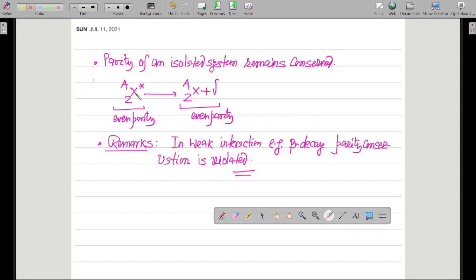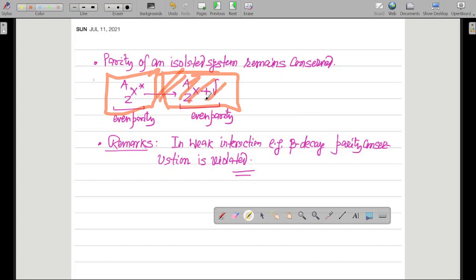Now in this excited state the nucleus had even parity, and in the ground state the parity might be different. But if we take the parity of this entire system, if we consider that this was a system and after the emission of gamma ray, this is a complete system, then the parity will be conserved for this system.